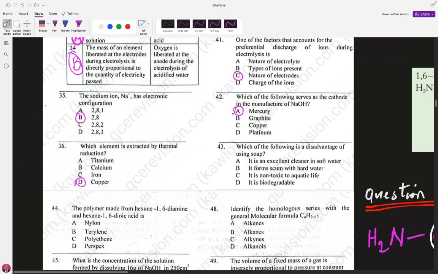It dirties the white bath and any other container when you are using hard water. That is the disadvantage of it, and that's why most people will prefer liquid soap. So B is the right option for that. It is non-toxic to aquatic life? No. It is biodegradable? No, that's not what we want. So B is the right option.